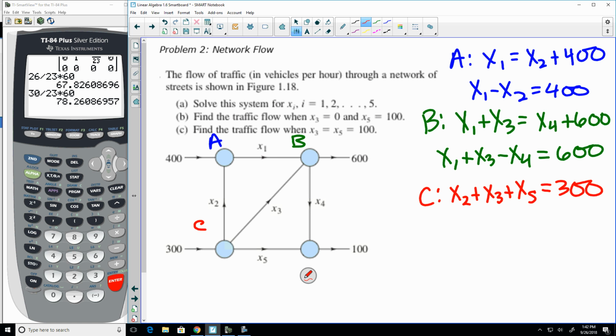No. The order of the equations doesn't matter because you can swap the rows all day. You can swap the rows around in the matrix, and it doesn't change the solutions. And then the last one, we'll call this D. It's already set up the way we want it. So D is x4 plus x5 equals 100.